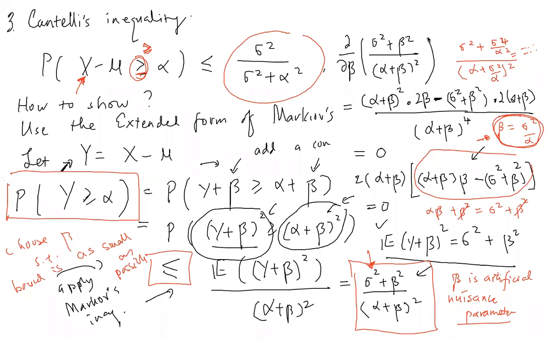Okay. Let me just show some examples. All right. So let's say suppose your x is chi square, right?